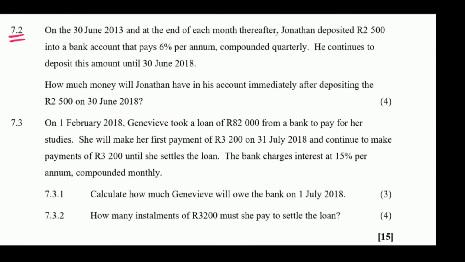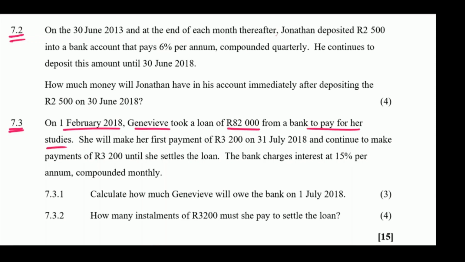So now we're going to do 7.3. It reads as follows. On the 1st of February 2018, Genevieve, oh gosh, I can't pronounce his name. Sorry for butchering it. Genevieve took a loan of 82,000 Rand from a bank to pay for her studies.